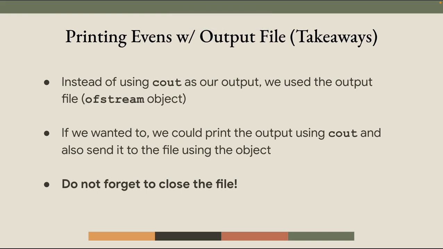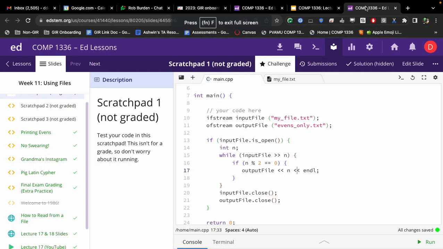What's up, though? Oh, you said don't forget to close the file. Yeah. I mean, it's not going to throw an error, but it's common practice. Once you're done reading from the file, once you're done with this while loop, then you close your file.